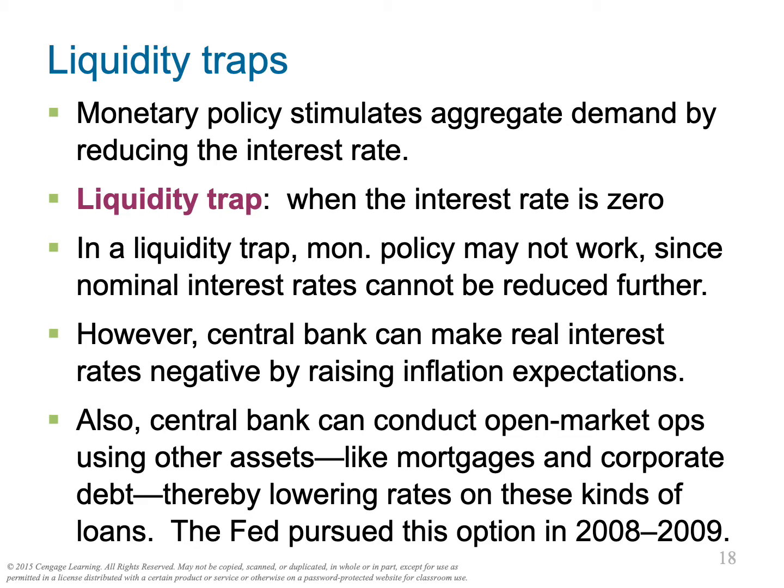It can buy other assets like mortgages that we talked about in the last chapter, loans on houses. It can also buy corporate bonds, or in other words, corporate debt. It doesn't just have to buy government debt. It can buy the debt of businesses. And by doing that, it can lower the interest rates on those kinds of loans, which typically are much further from zero.